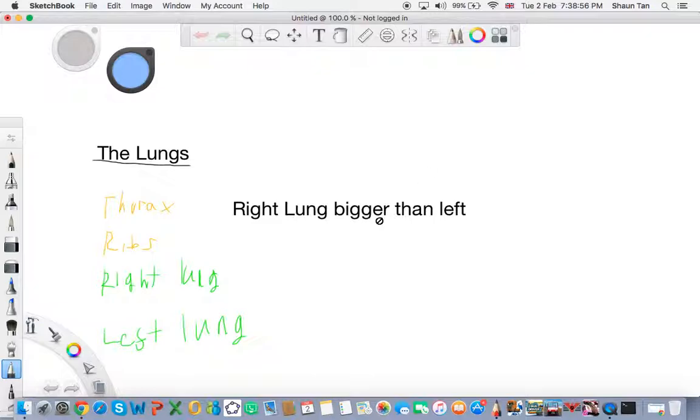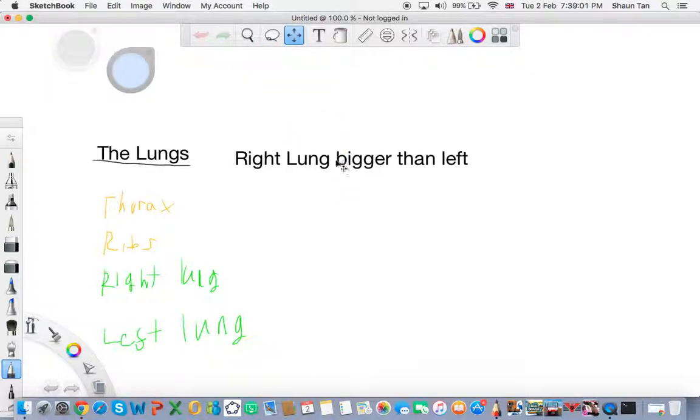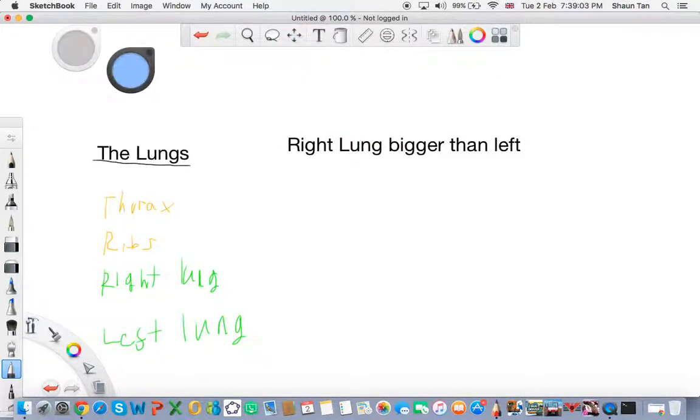The right lung is bigger than the left, and the only reason for this is because it shares space with the heart. So this is the heart, and this is what's bigger.